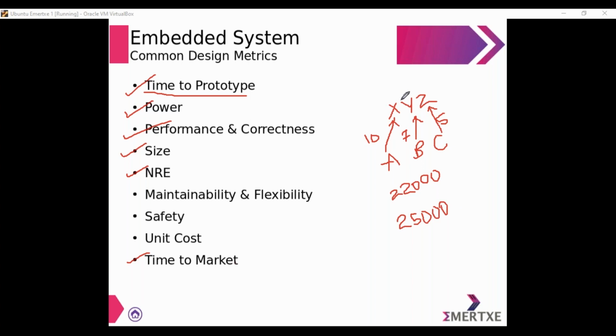Now this customer comes and sees that just the X and Y parts are sufficient. He will think, for me only X and Y is sufficient. He doesn't want the Z part. So he will say, I'm going to buy only the X and Y product, paying you 15,000.